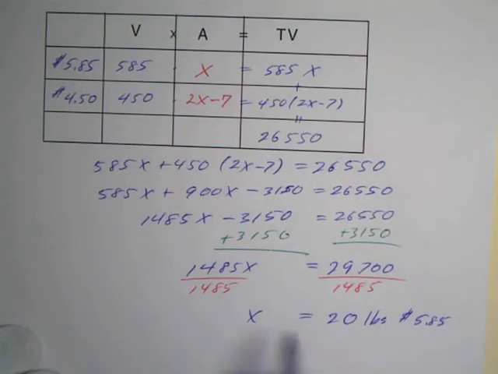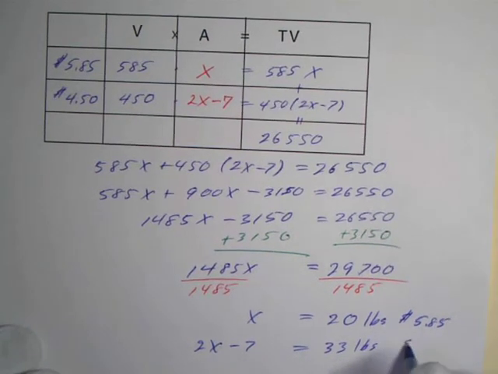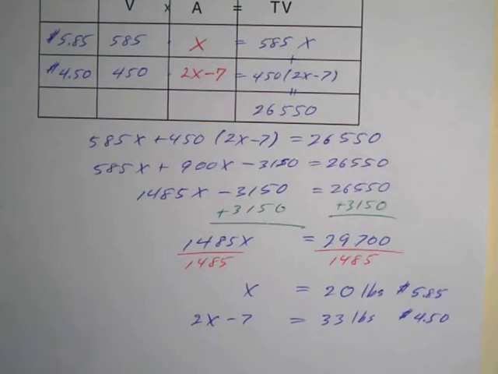And then 2x minus 7. Well, 2 times 20 is 40. 40 minus 7 is 33, so I'd have 33 pounds of the 450 coffee. There you go.